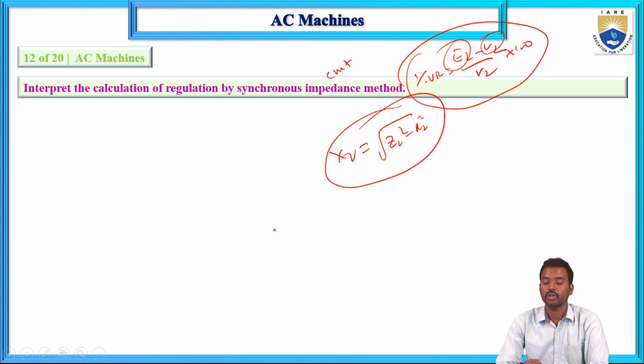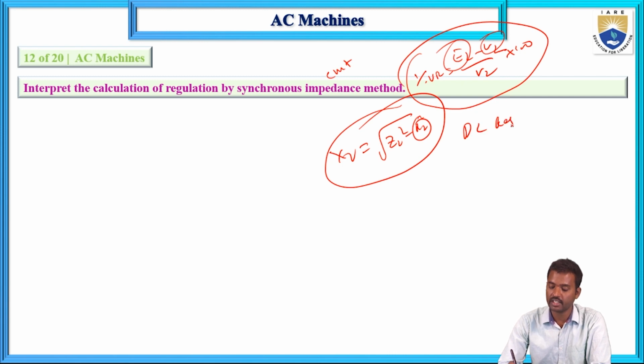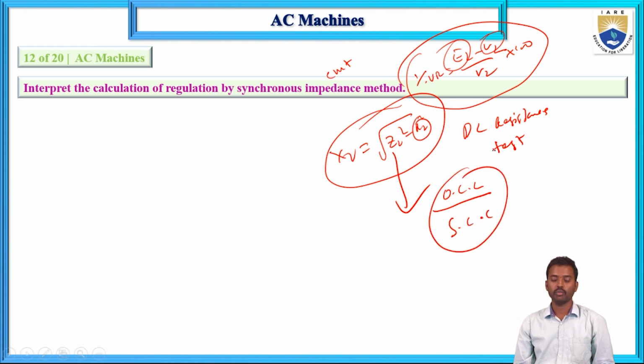Here R2 is calculated from the DC resistance test, and this Z is obtained from the open circuit test and the short circuit test. So here Z can be calculated.